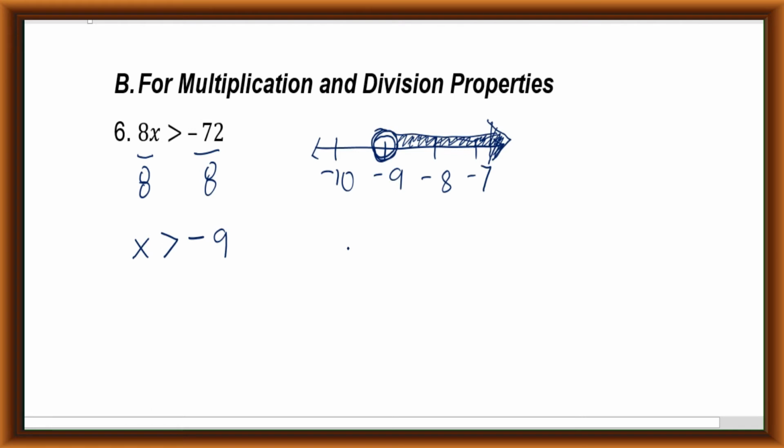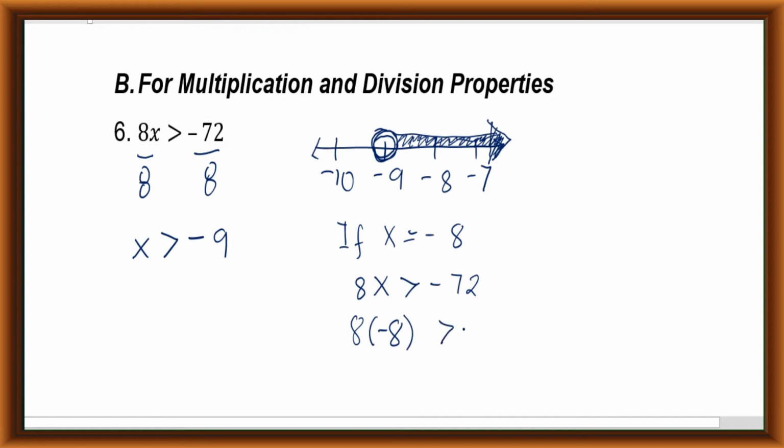So if we let x, say for instance, x is equal to negative 8, the inequality 8x is greater than negative 72, so substitute x is equal to negative 8.